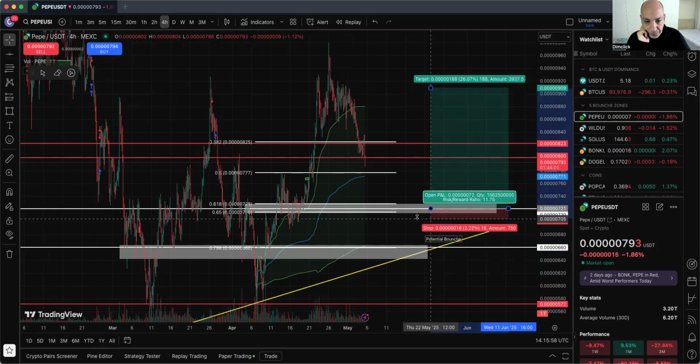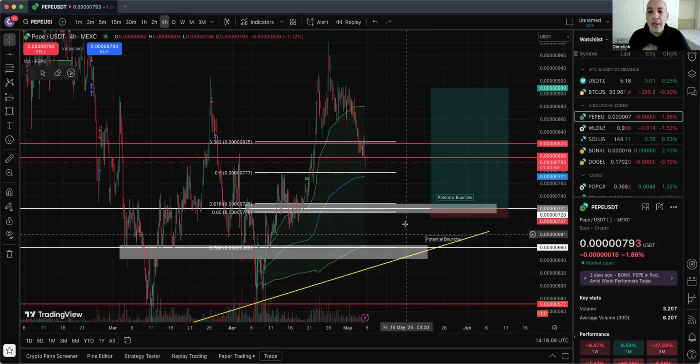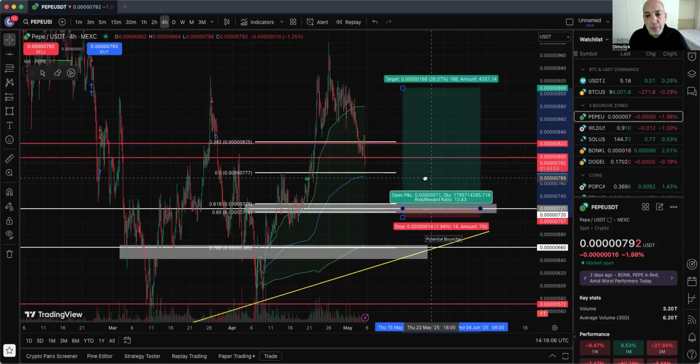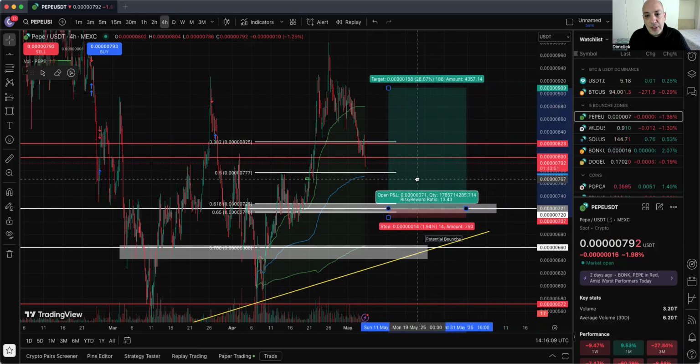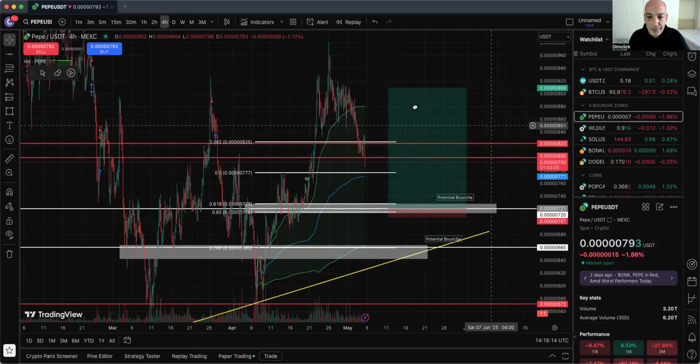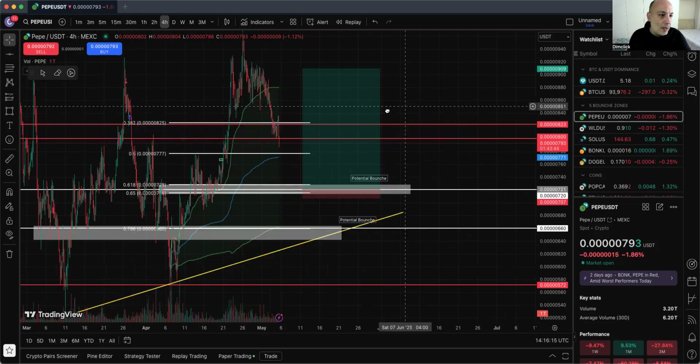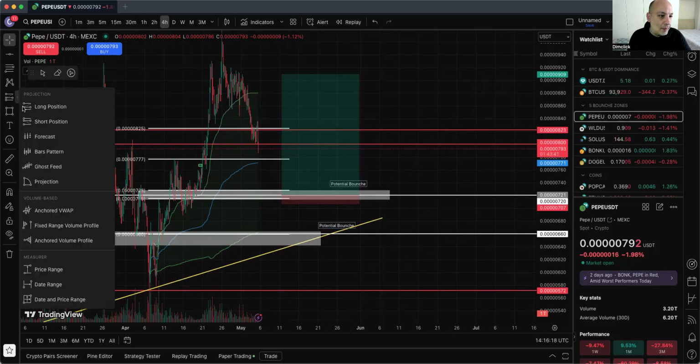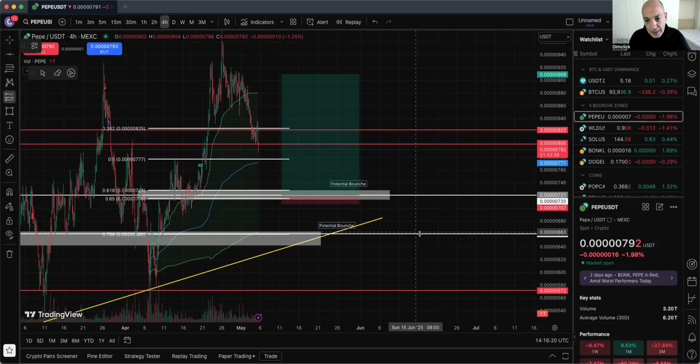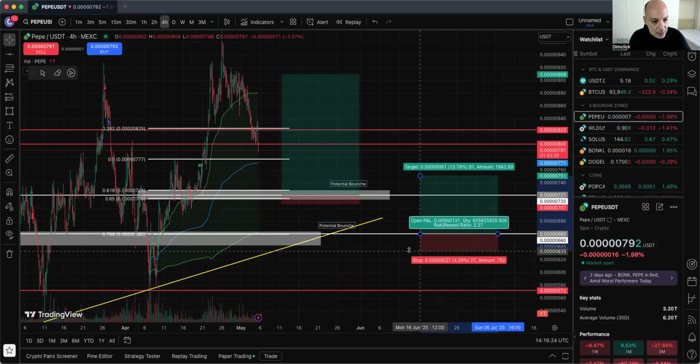Here I set my risk, my entry, and take profit. The first trade would be something like that, with a potential upside of 26%, and my second trade would be something like this.